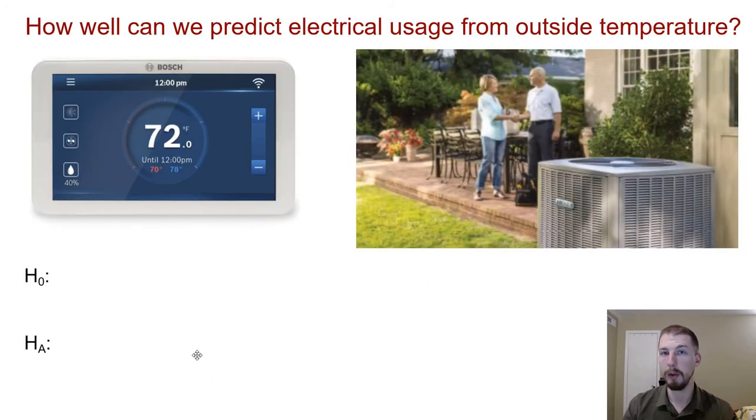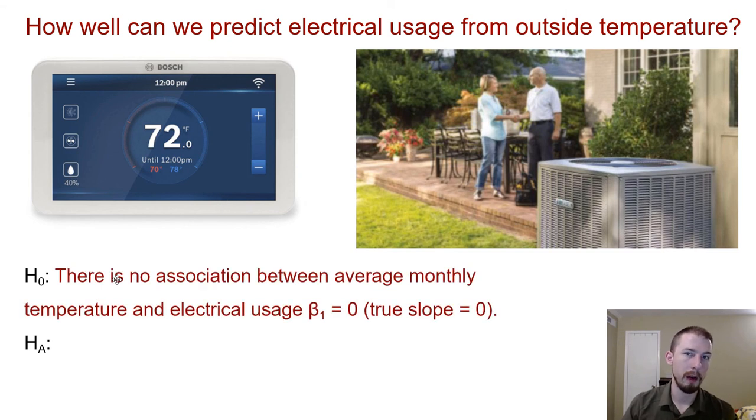So how well can we predict electrical usage from outside temperature? Our null hypothesis is that there's no association between those two variables. So outside weather does not impact the electrical cost. In this case, our explanatory variable would be the outside temperature. Our response variable that we're measuring is the electrical cost.